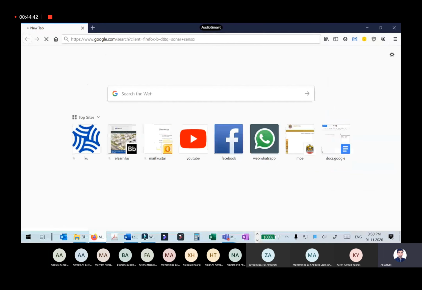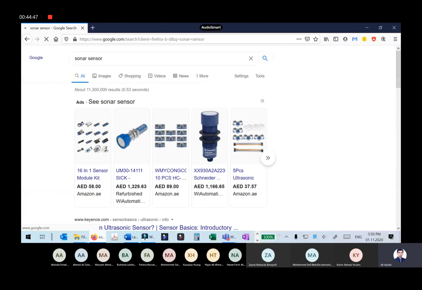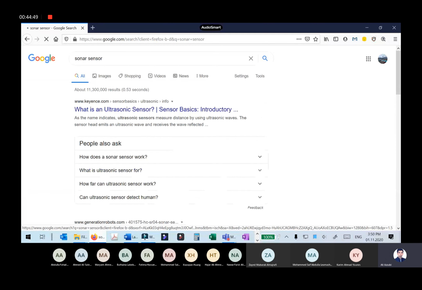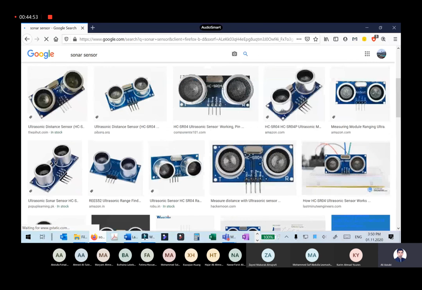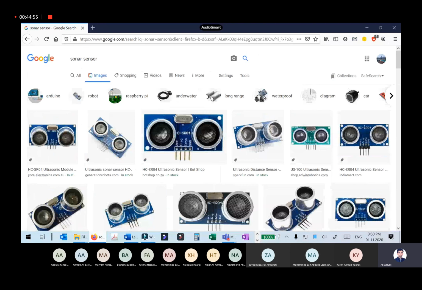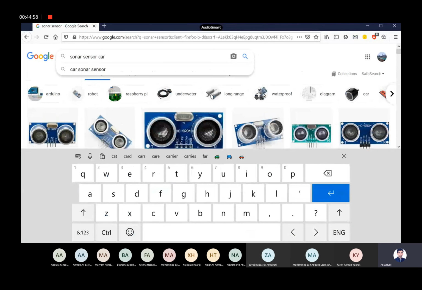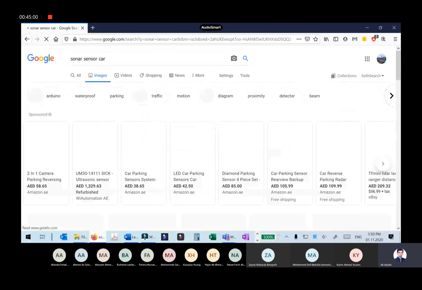Where do we have sonar sensors? Okay, these are breakout boards. But let me show you an example that we all encounter daily.